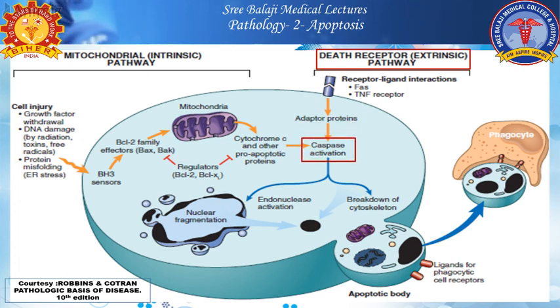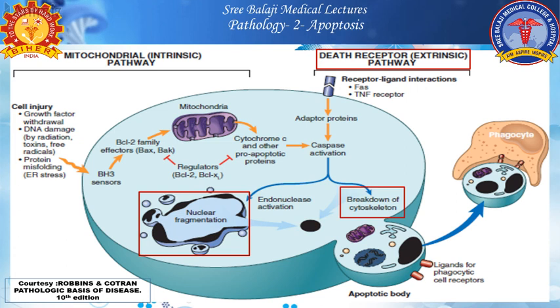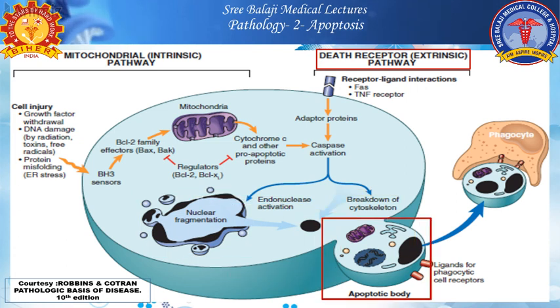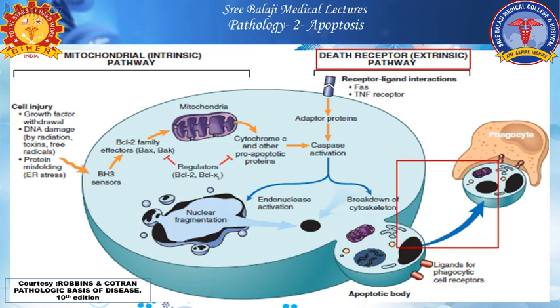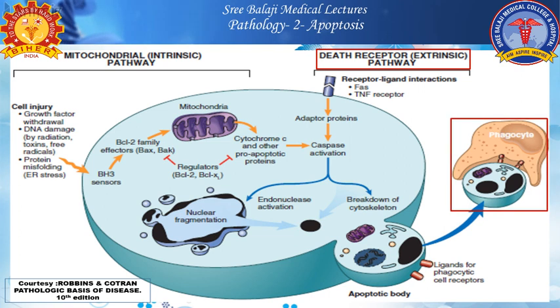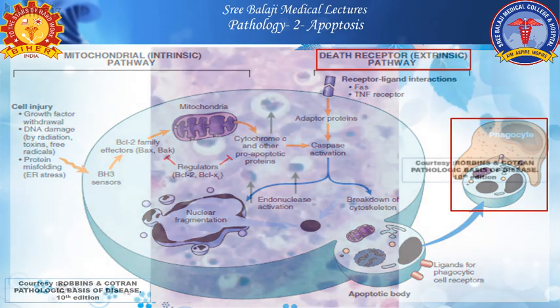These receptors are otherwise known as death receptors, FAS and tumor necrosis factor alpha. So when they are activated, straight away caspase is activated. Again endonuclease activation, nuclear fragmentation, breakdown of cytoskeleton, apoptotic body, and it is engulfed by the adjacent phagocyte. Is it clear? It's from Robbins.